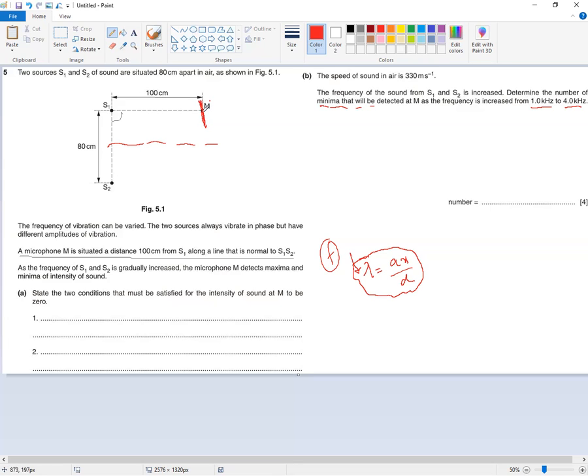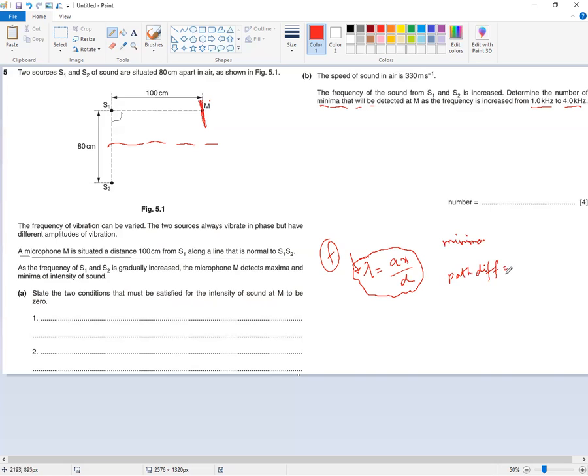Acha, can somebody enlighten me that for an interference pattern, under what condition we get a minima? Tell me in terms of path difference or phase difference. Anyone? For a minima or for light that is dark spot, what should be the path difference? What's the expression for path difference?